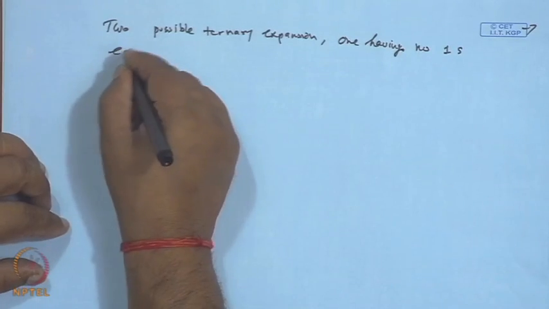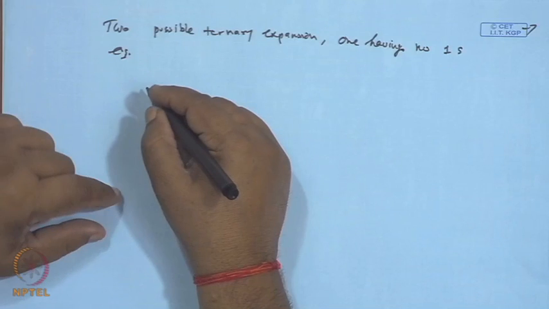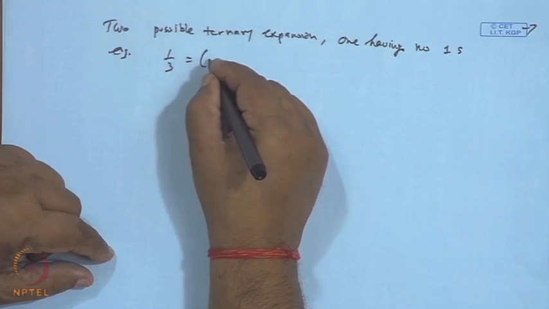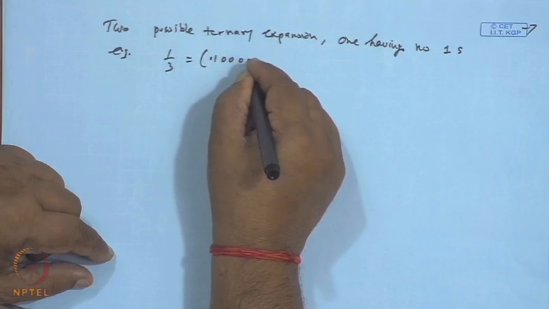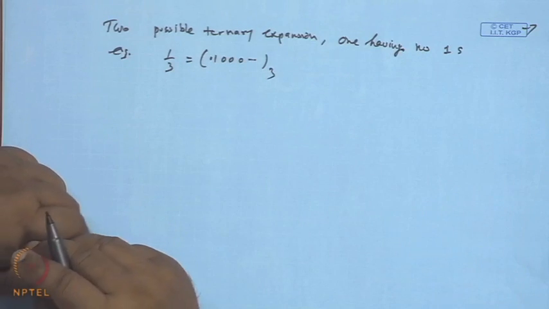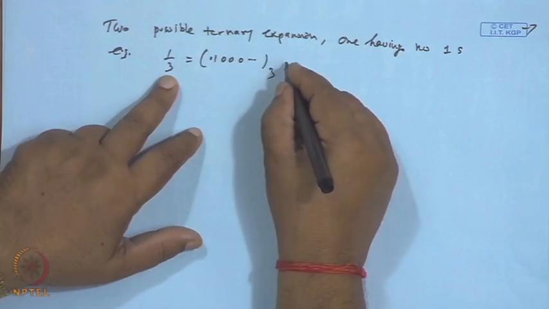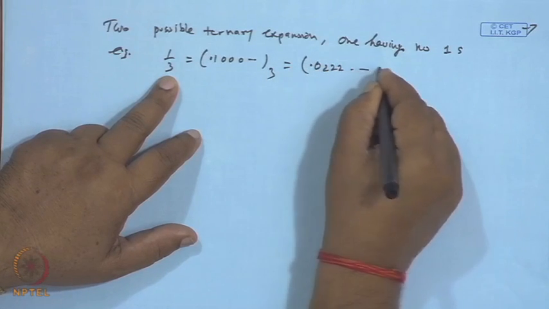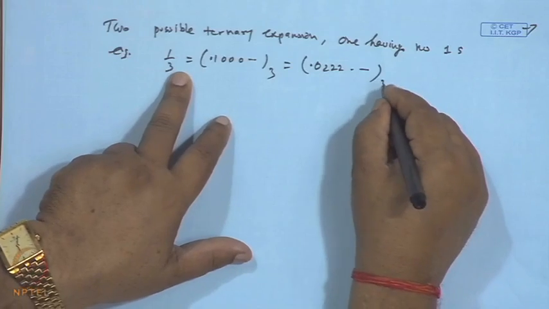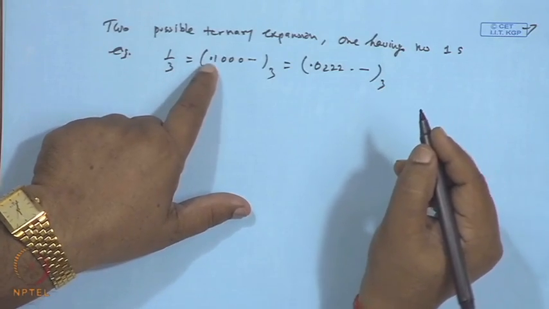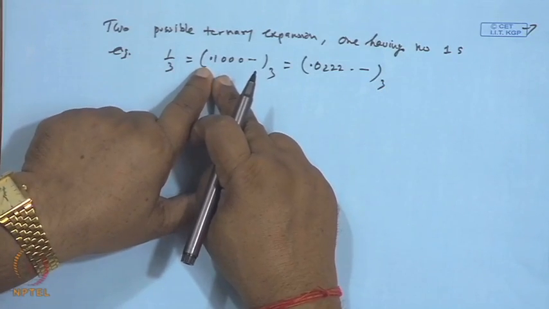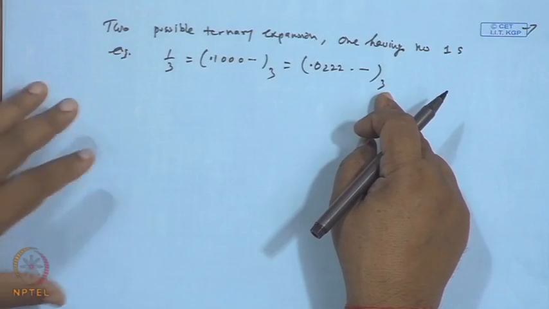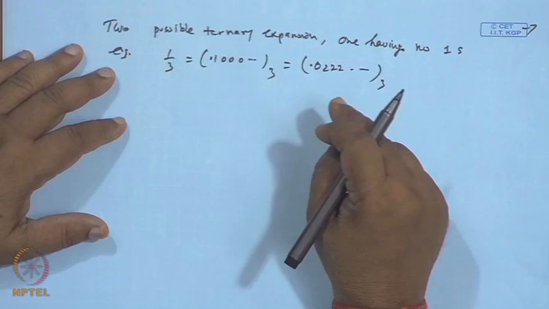For example, if I take 1/3, the ternary expansion of 1/3 will be 0.1000 and so on. If I take the same one, we can also put it in the form 0.0222 and so on. If you approximate, you will get 1/3. So, one of these expansions will involve ones and the other may not have any ones. So, at least one will have no a_n equal to 1.